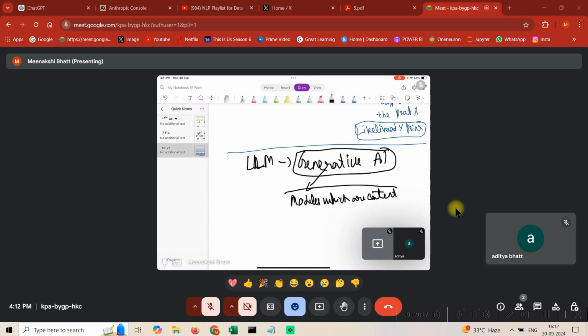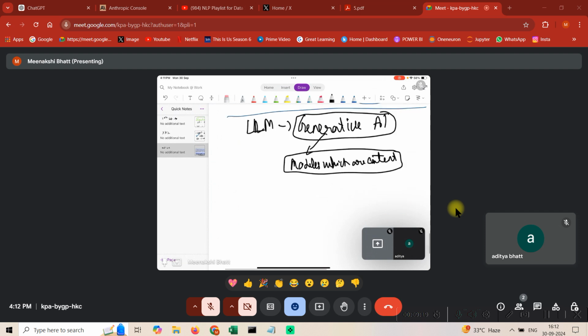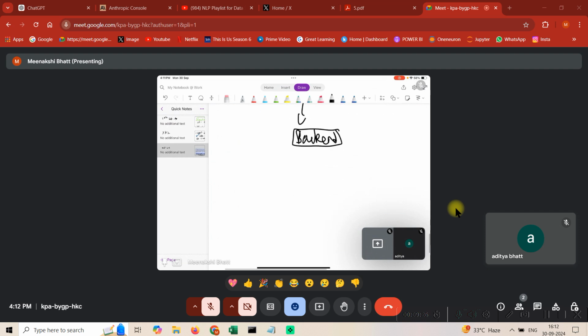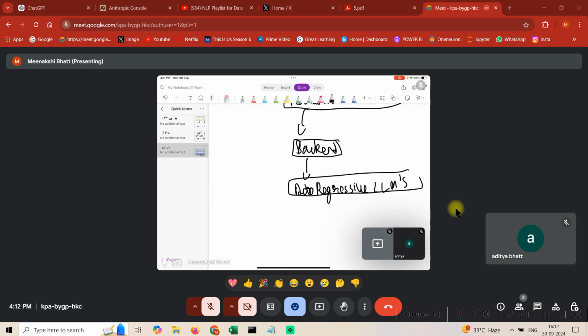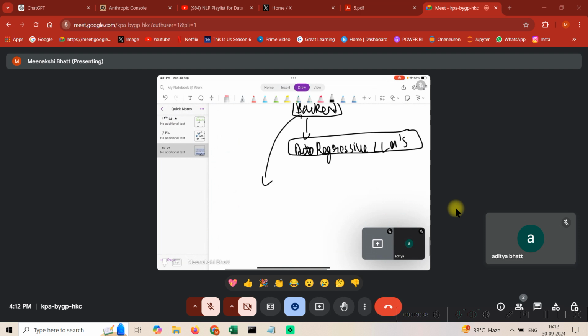And just to give you a high level overview of how it is happening at the backend, these are referred to as autoregressive LLMs. What does this mean? This essentially means the problem statement in the backend is next token generation.